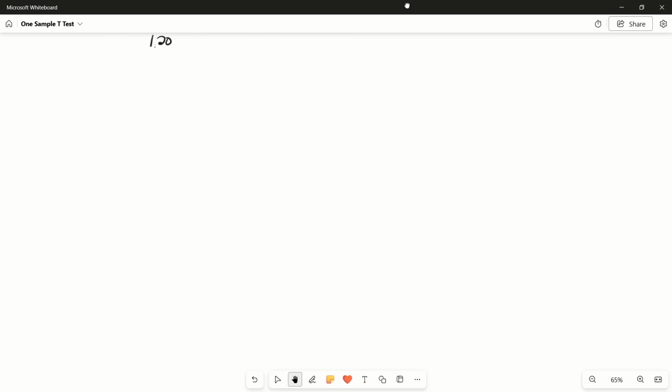Now I want to talk a little bit about something called a confidence interval. So far, we have been doing what is called a point estimation. We are taking a sample mean and comparing it to a specific population mean that represents the null hypothesis.